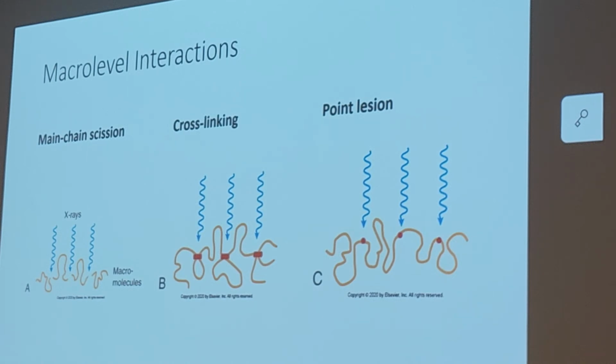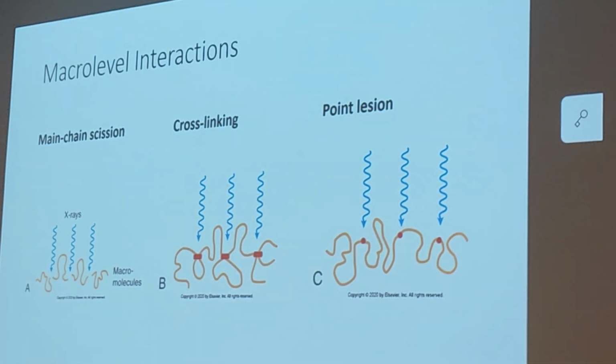So for example, main chain scission. You can see these blue lines that are hitting the DNA. The blue is representing the X-ray, and the yellow is representing the DNA. Main chain scission, we already agreed that it's cutting, so you can see how it's sliced. You can probably see on the TVs a little better, but you can see how the X-rays are slicing the DNA.